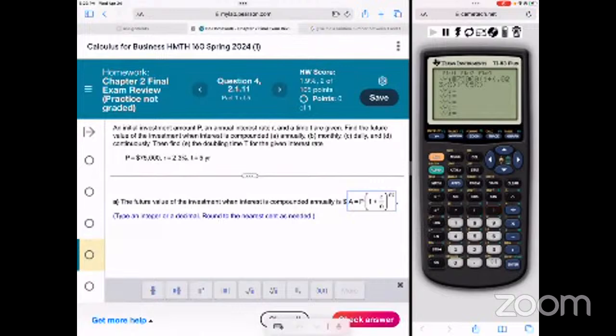So now I want to evaluate that function. Part A is if it's compounded annually, that means our N is 1, right? So if we let N be 1, that should be the result after 5 years. Okay. So now I'm just going to submit that to the nearest cent.